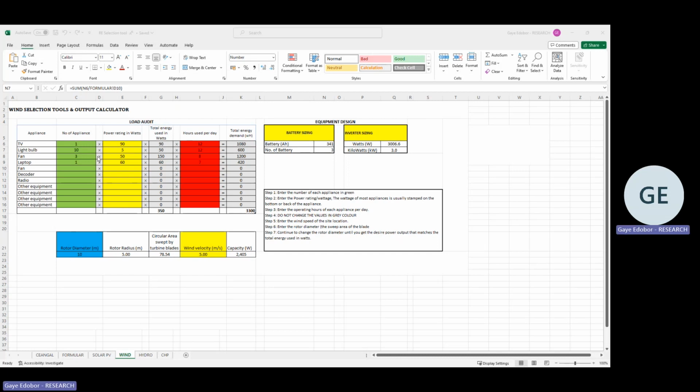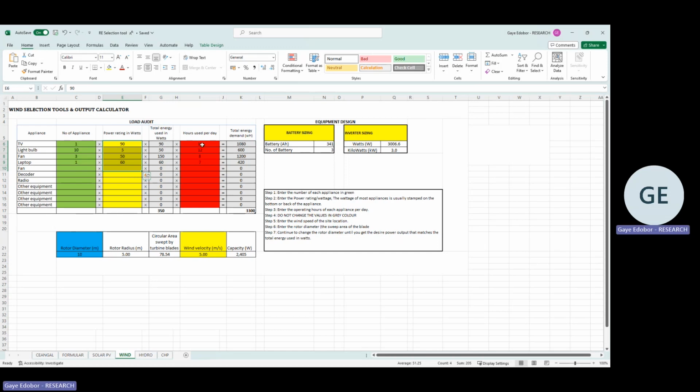Just a recap, the first step is to list the number of appliances, from one to any amount you have. The second step is to enter the power rating of each appliance. The third step is to enter the operating hours of each appliance per day.